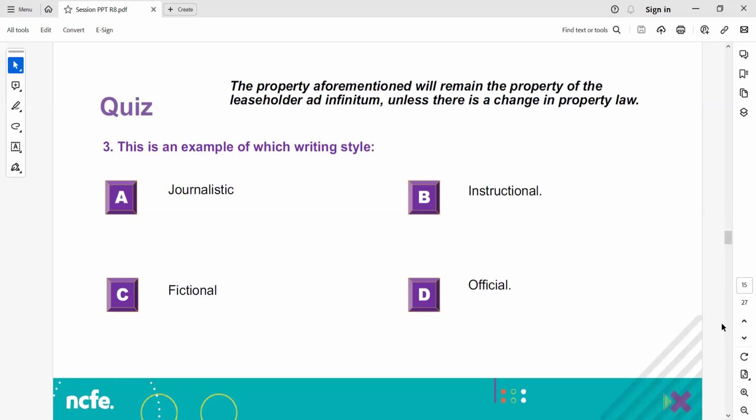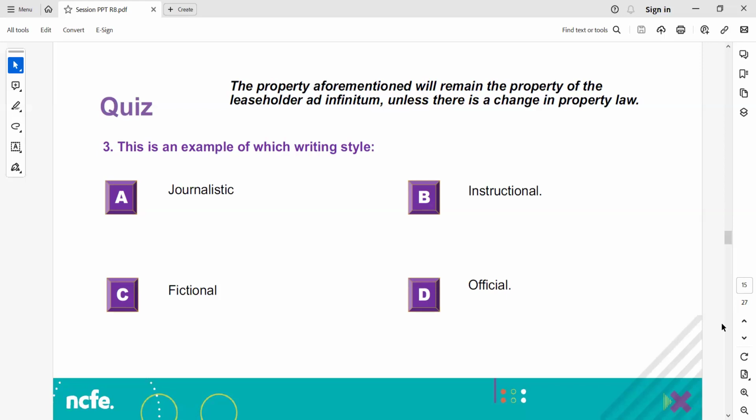The property aforementioned will remain the property of the leaseholder ad infinitum, unless there is a change in property law. So we've got different choices: journalistic, instructional, fictional, or official. Official. What tells you it's official?